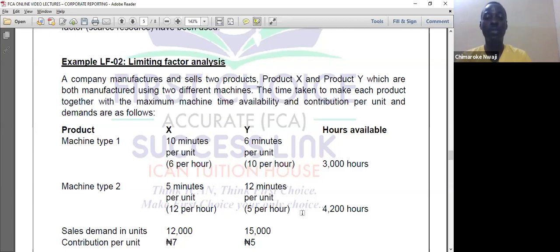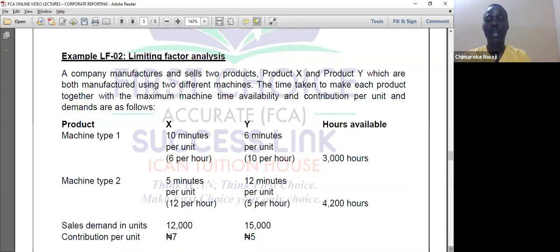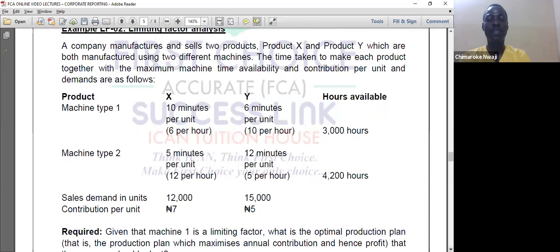We see that machine type 1, we have for X and Y 10 minutes, 6 minutes. Available hours is 3,000 hours. Machine type 2, X and Y 5 minutes, 12 minutes. Available hours 4,200. Sales demand X and Y 12,000 and 15,000 units.